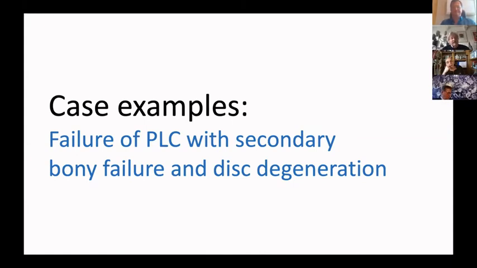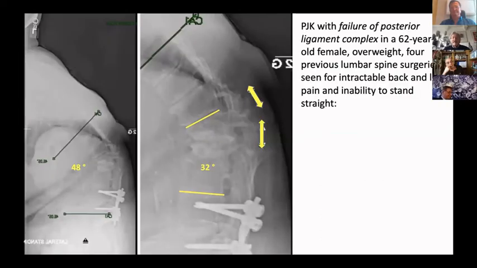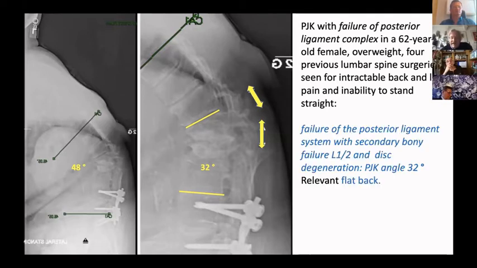This, again, is a failure of the posterior ligament complex with a secondary bony failure and disc degeneration. This is a different etiology, obviously. Again, this is a 62 years old female patient, overweight. She had 4 previous lumbar spine surgeries, and she has been seen for intractable back and leg pain and inability to stand straight. She has a failure of the posterior ligament system with a secondary failure of L1, L2, and disc degeneration.